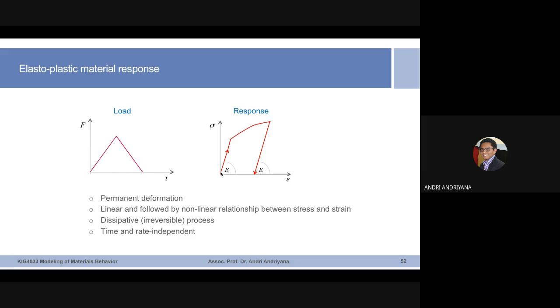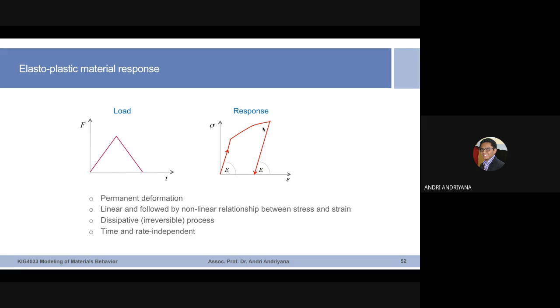Okay, so the characteristic of this kind of material response is that the deformation is permanent. There is plastic deformations because the stress level is higher than the yield strength. You bring the materials to the stress level higher than the yield strength. And then initially it is linear here. Before then you start to have curving after you exceed the yield strength.